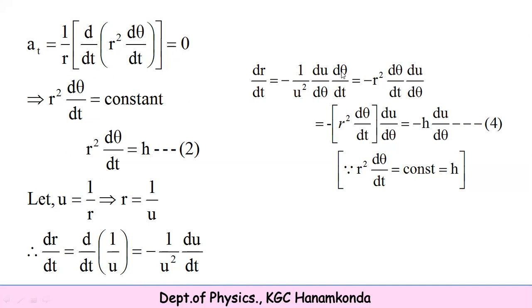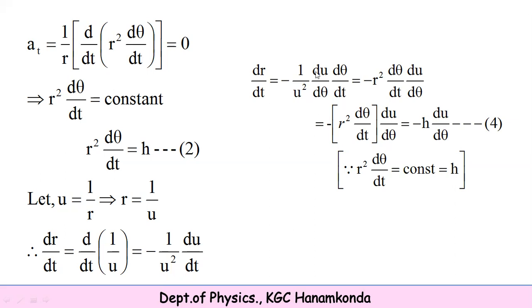It makes no difference at all to the fraction. Therefore, dr by dt equals minus 1 by u square into du by d theta into d theta by dt. By this multiplication and division, we are just introducing theta into the term.